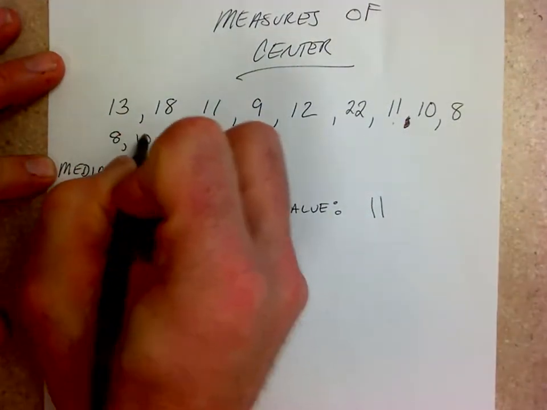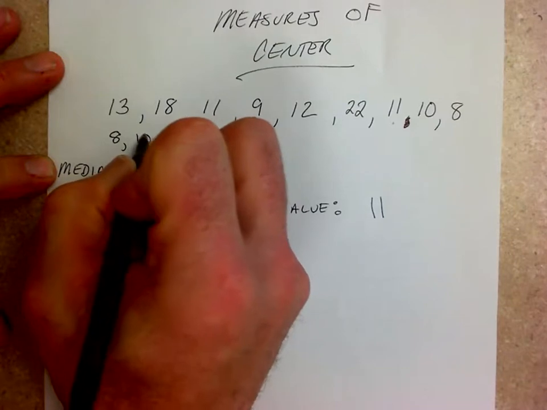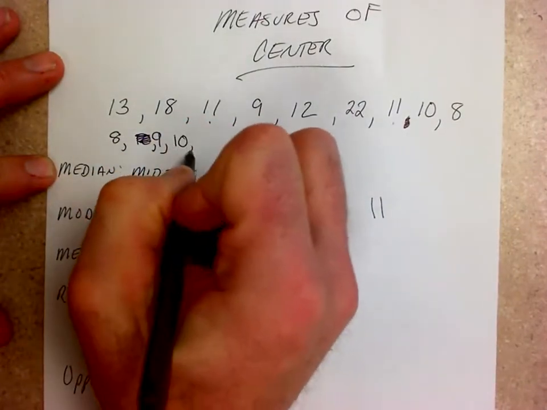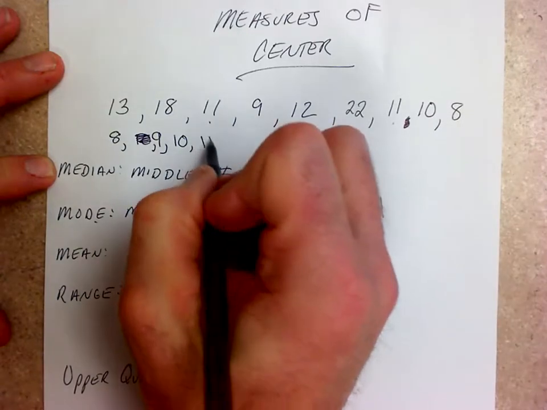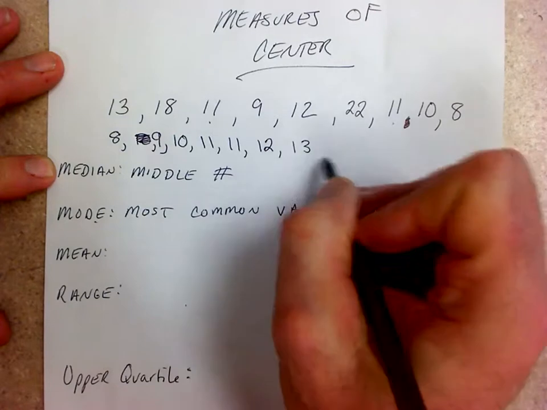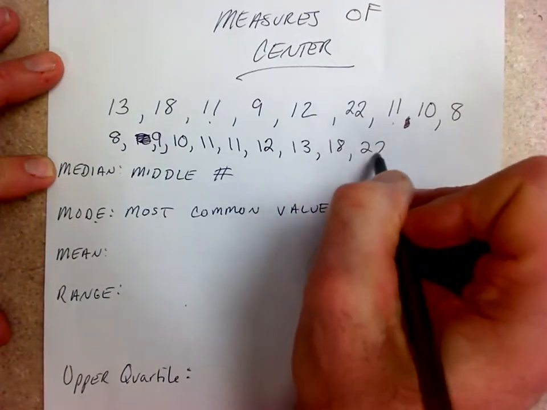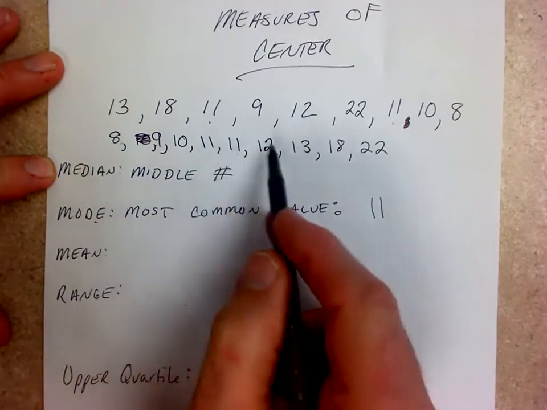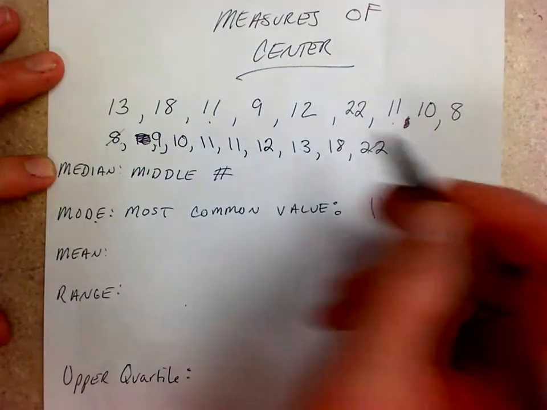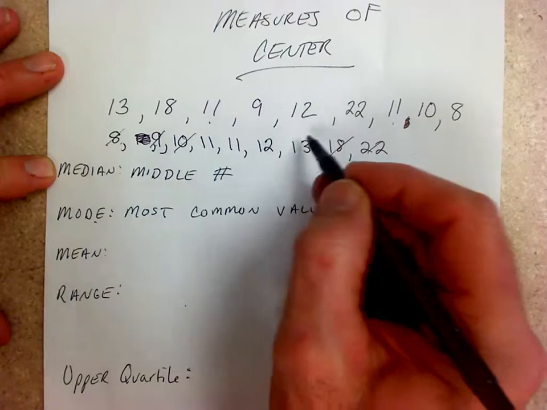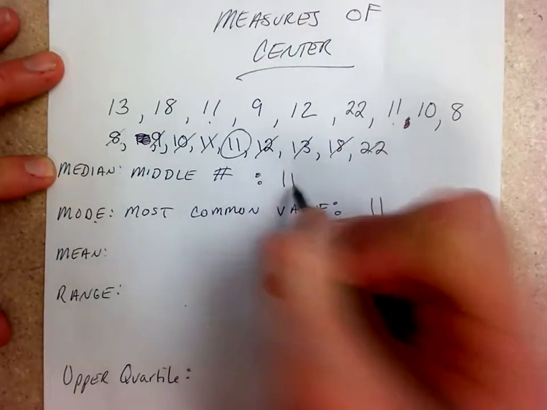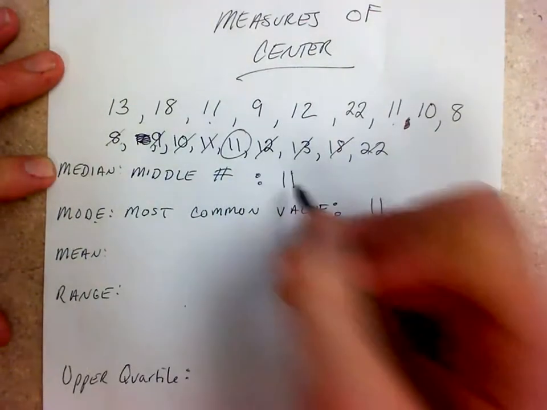So we need to rewrite. 9, 10. Once we get them in order, we come up with a median of 11 as well.